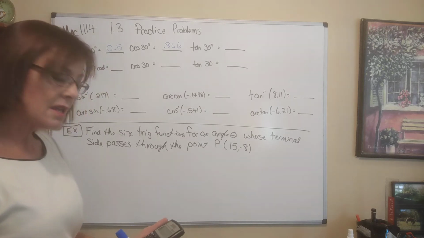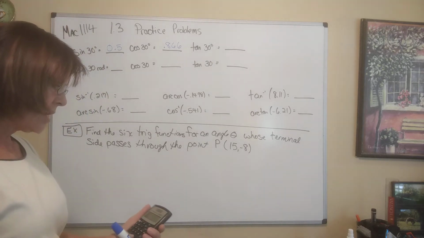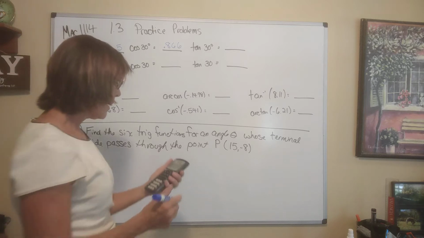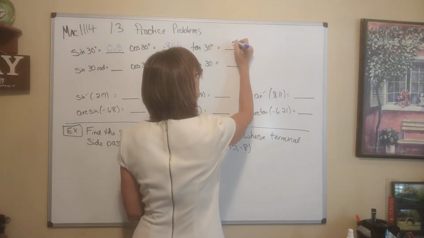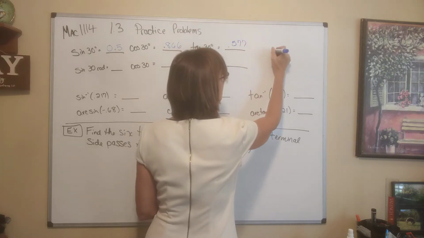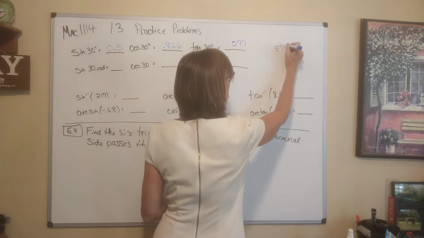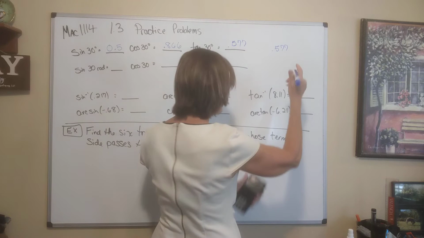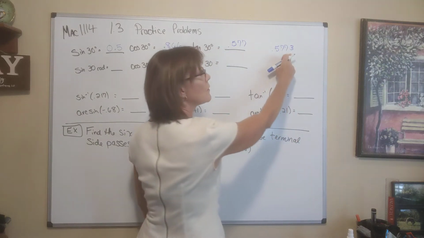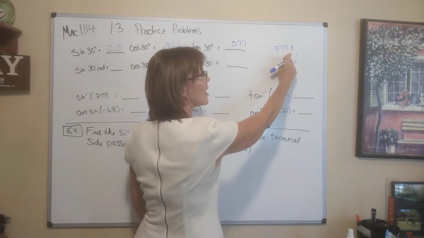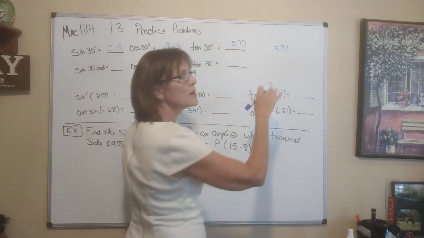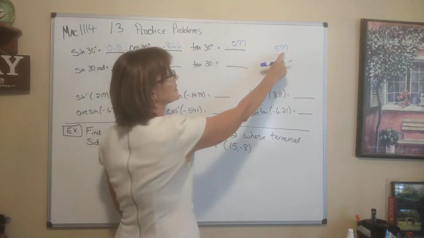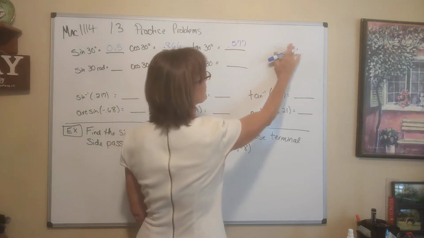Press TAN and then say 30 and hit enter, and you're going to get 0.577 if we round it to 3 places. By the way, if I say round to 3 places, what we have to do is look 4 places out. After this is a 3. Since that was less than 5, 4, 3, 2, 1, this is going to round down. If it was 5, 6, 7, 8, that would bump this 7 to an 8. So that's just a little rounding.